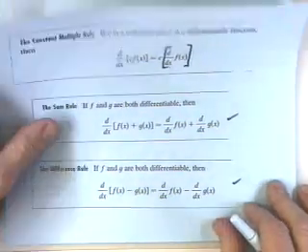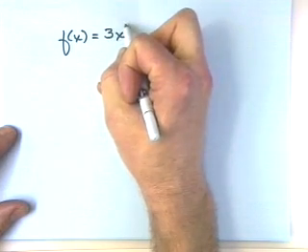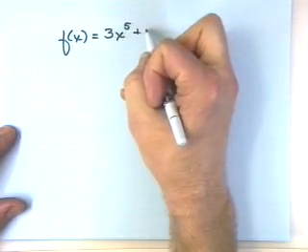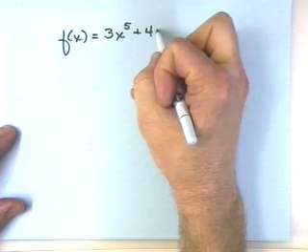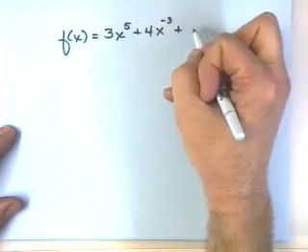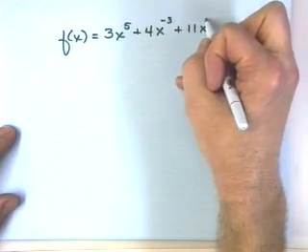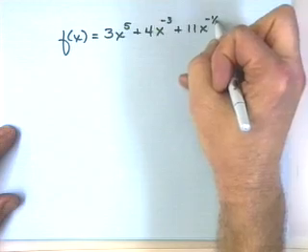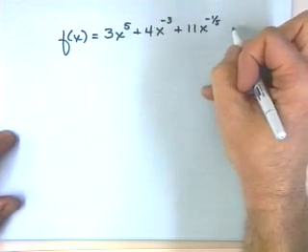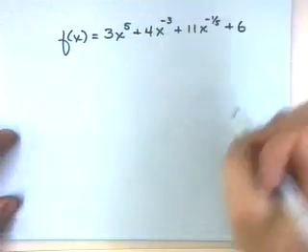So now what do we have the ability to take the derivative of? Let's say that our function looks like 3x to the 5th plus 4x to the negative 3rd plus 11x to the negative 1/5 plus 6.